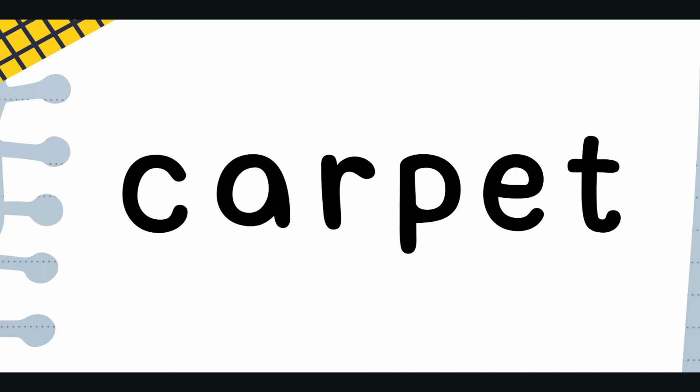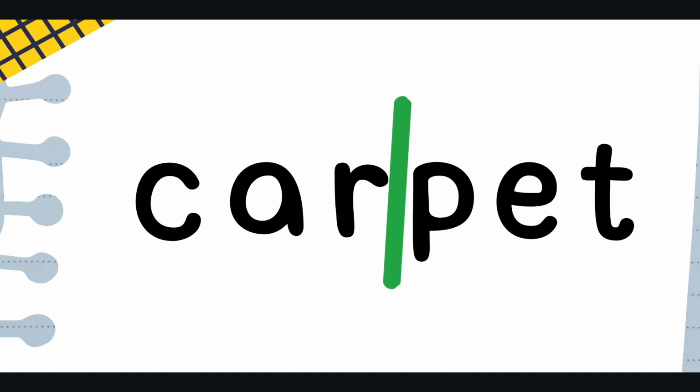All right, so let's go back to this word right here. Oh, I almost told you what it was. Now, knowing what I know about syllables, I could break up the word right there, and I'm going to cut it and just show where that little break is. So now I can read the word in chunks. What's this word, friend? Yeah, car, pet. Good, carpet.